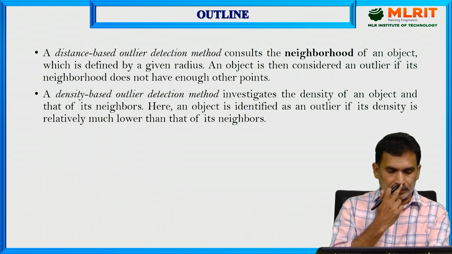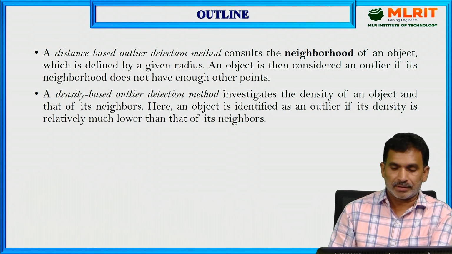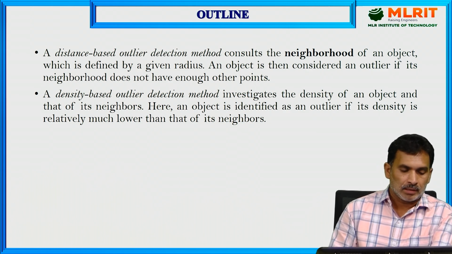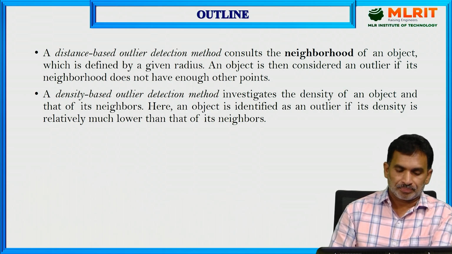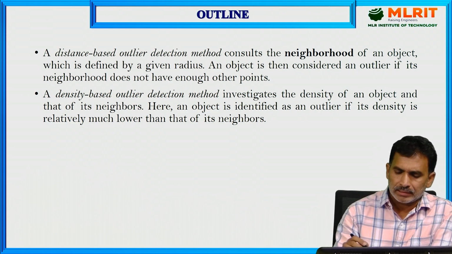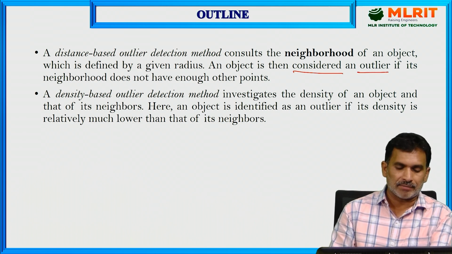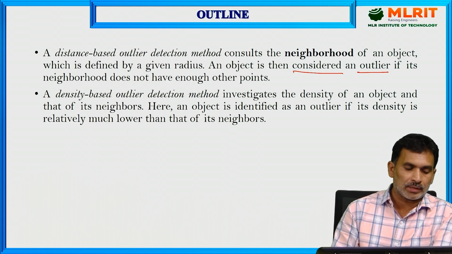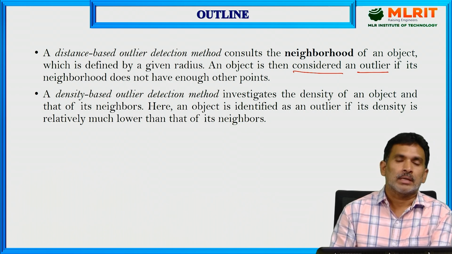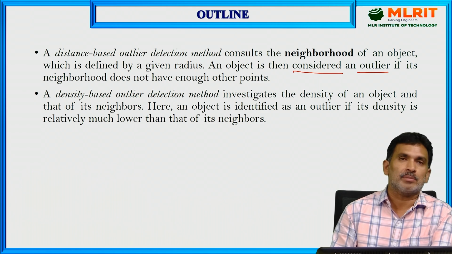A distance-based outlier detection method consults the neighborhood of an object, which is defined by a given radius. An object is then considered an outlier if its neighborhood does not have enough other data points. Whereas the density-based outlier detection method investigates the density of an object and that of its neighbors.